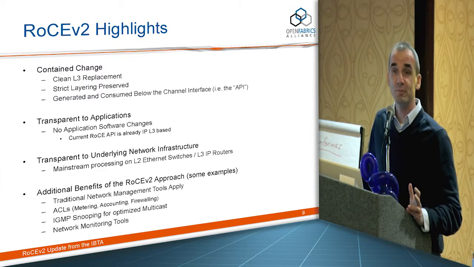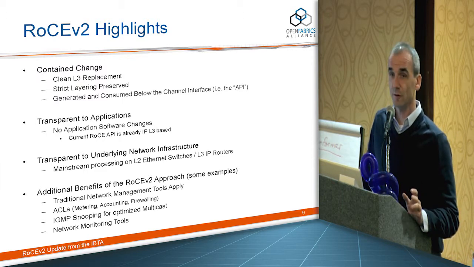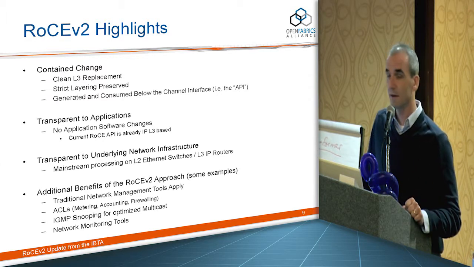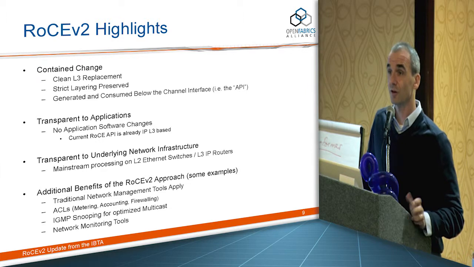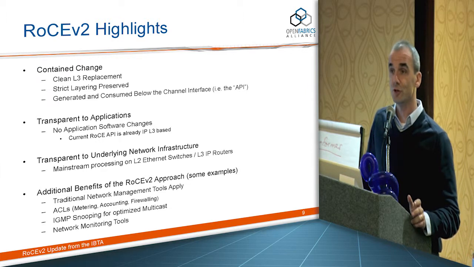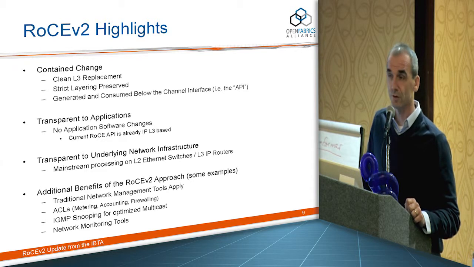We can use IGMP snooping for optimizing multicast distribution of InfiniBand RoCEv2 traffic. We can use our existing network monitoring tools because all we need to do is to tune them to the UDP port number that we're using for RoCEv2.